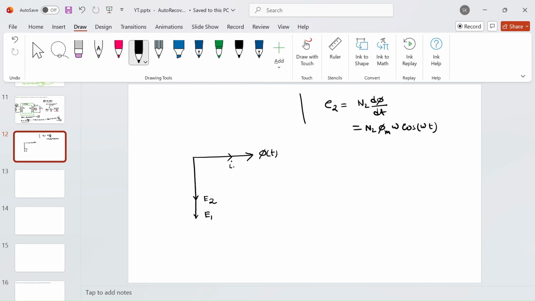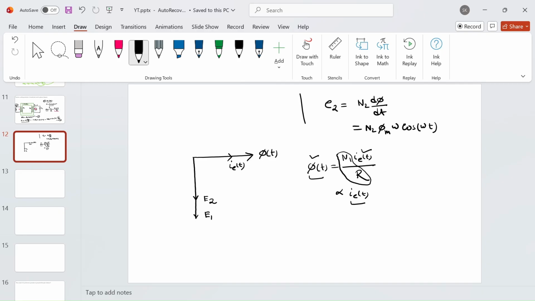So this is your I of t. Why will it be in phase? Because phi of t is nothing but n1 I of t by reluctance. If you see this equation, n1 and the reluctance are constant, and I of t and phi are directly proportional. So that is why phi of t and I of t will be in phase.